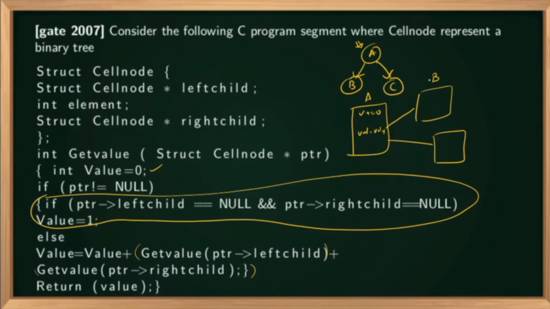Now we come to B. If you see B, left child is null and right child is null, so value is 1. So here we will be returning 1. Similarly, for call C, left child is null, right child is null, so this is also going to return 1. So 1 plus 1 is 2. So if you give this tree, this program is going to return the value 2.